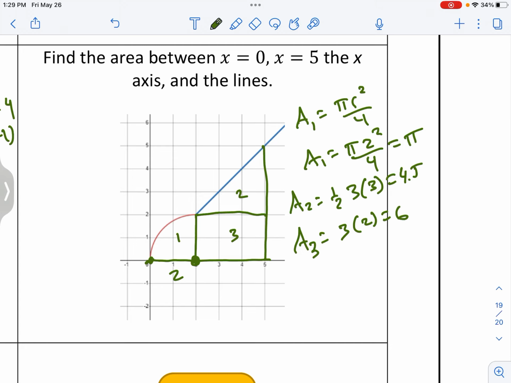All right, so what do we have? Our area is going to be pi plus 4.5 plus 6. So we'll just say 10.5 plus pi. Of course, we might need to take that pi and change it to a decimal or do something else with it.